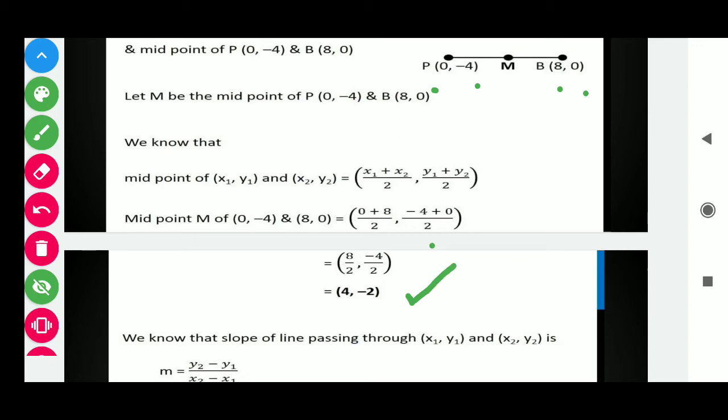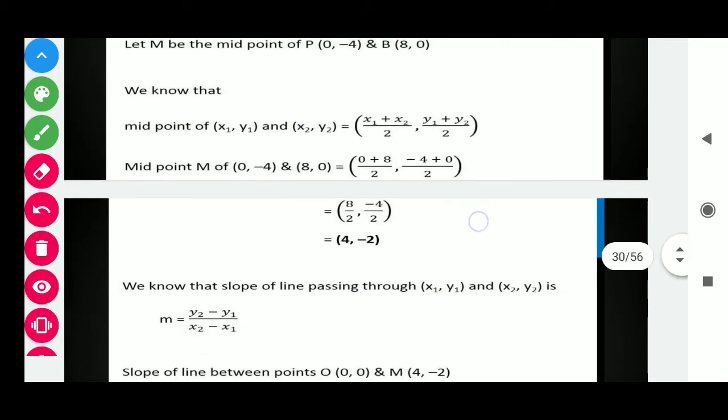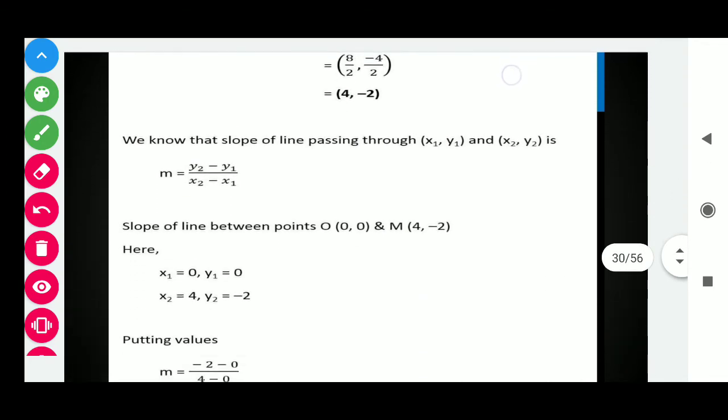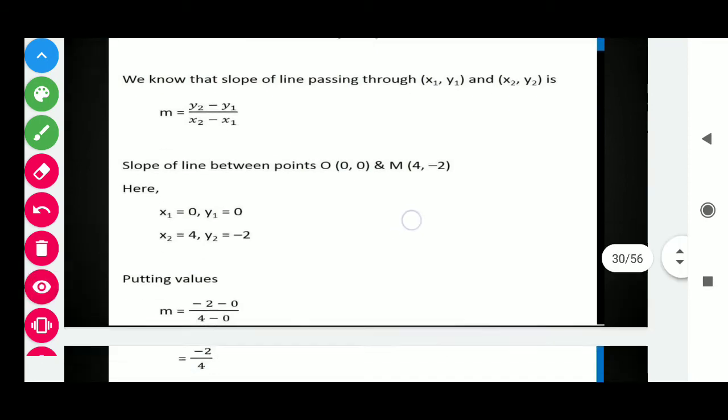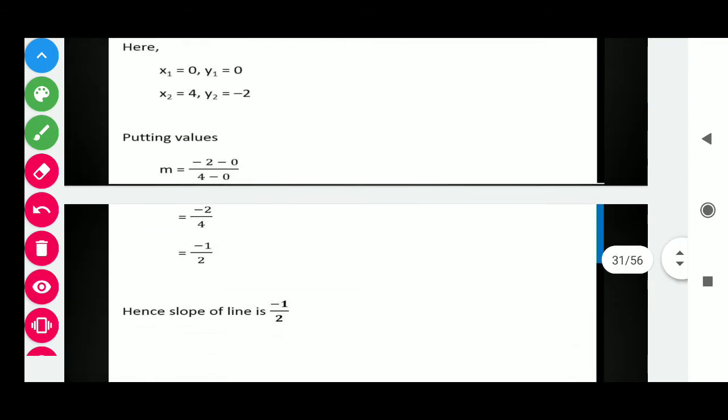Now, we use the formula of slope, y2 minus y1 over x2 minus x1. By putting the values in this slope formula, we get the value of slope. Now, x1 is 0, y1 is 0, x2 is 4 and y2 is minus 2. In this way, we get m equals minus 1 over 2.